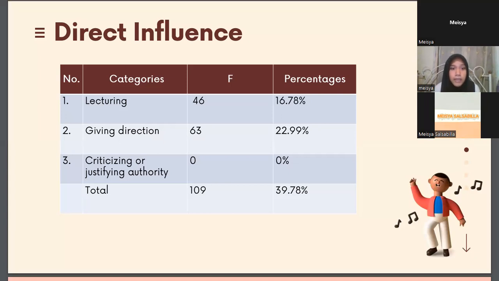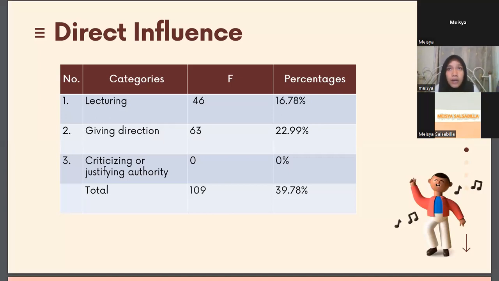So based on the analysis of the data, it was found that there were 6 out of 7 types of teacher talk based on the Flanders interactions analysis category system.